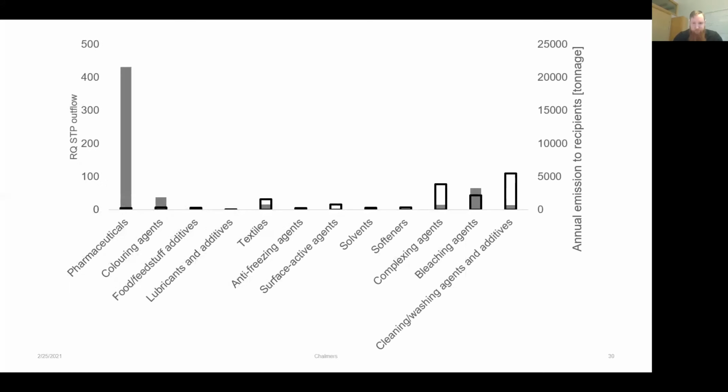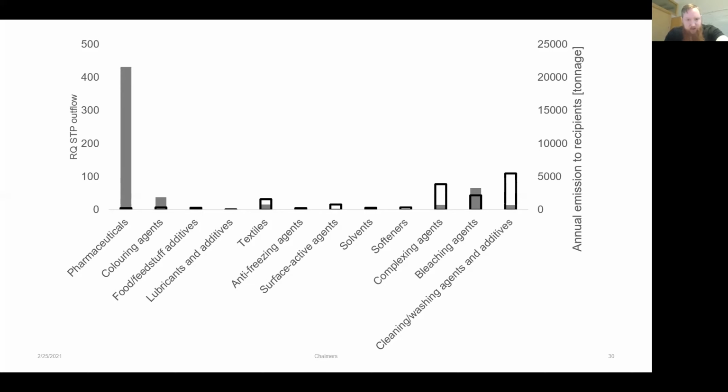Now, the output from this risk assessment, once again with the risk aggregated for the different uses, is what we see here. And we still have the same values on the right-hand side of the axis, which is now the annual emissions to recipients in tonnage, aggregated total values for Sweden. And the open bars are referring to that axis.